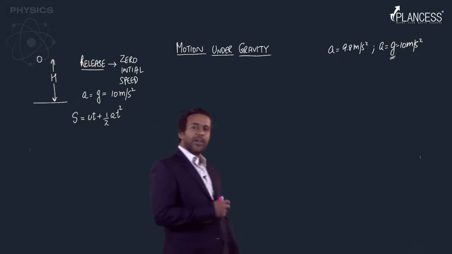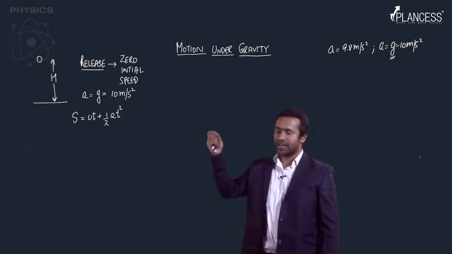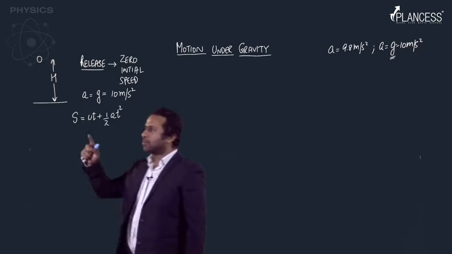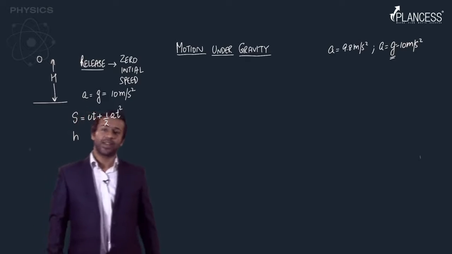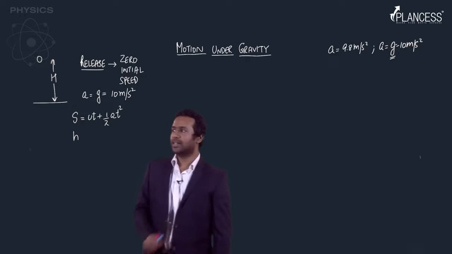So now we are trying to modify this to fit our given condition, that is a particle falling through some height, right? So the displacement in this case can be replaced by h, because whatever is the displacement will be the height of the particle.